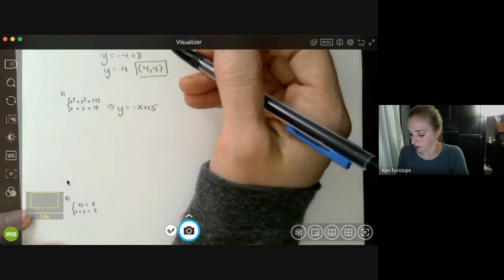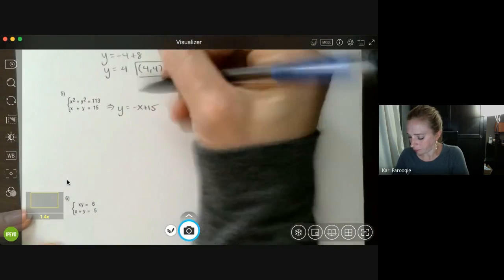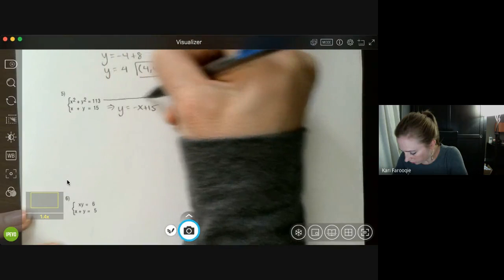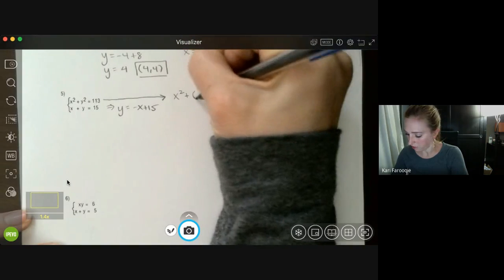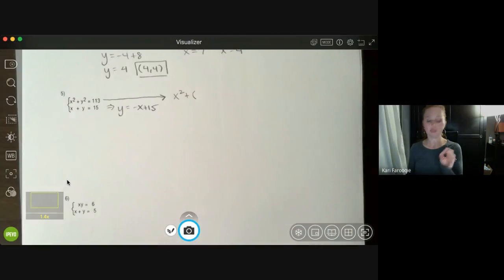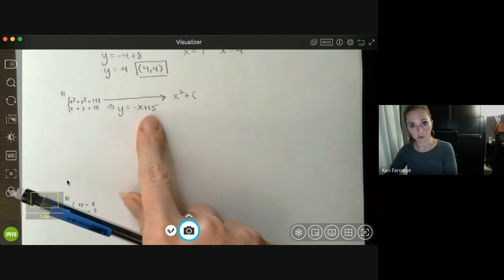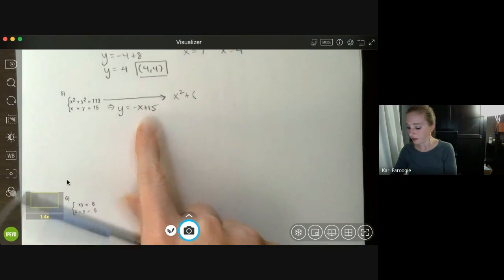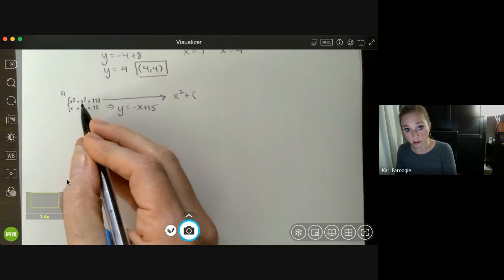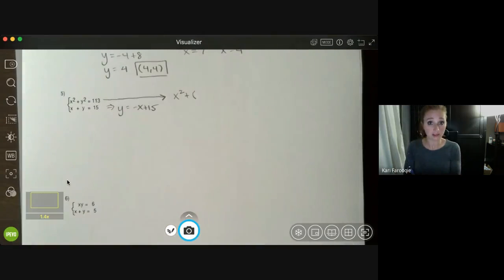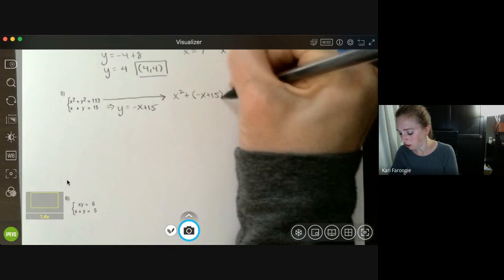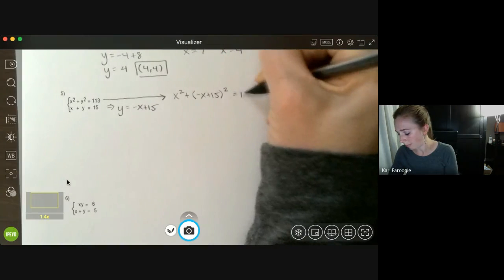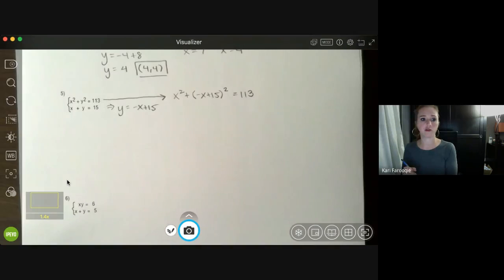All right, so we're going to substitute this value for y into the first equation. So I have x squared plus. Now, be careful, because when I substitute y equals negative x plus 15 into this equation, it's going to be getting squared. So I have to put parentheses around it. Otherwise, the whole thing's not going to get squared. So I'm going to put in negative x plus 15, quantity squared, equals 113.